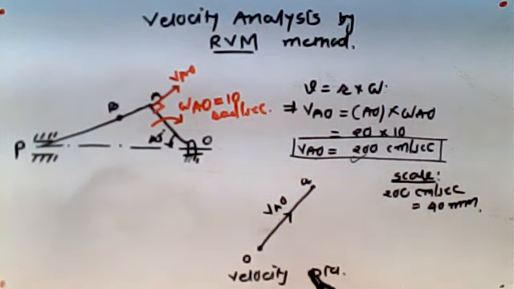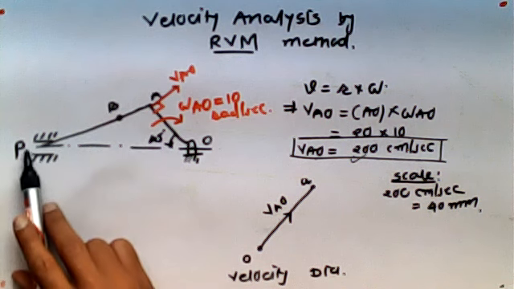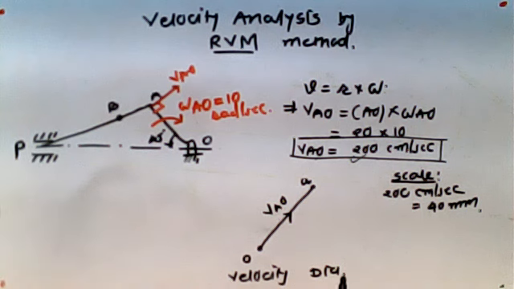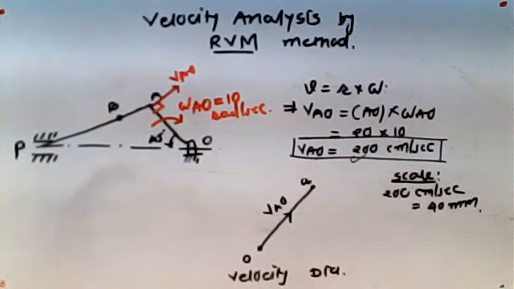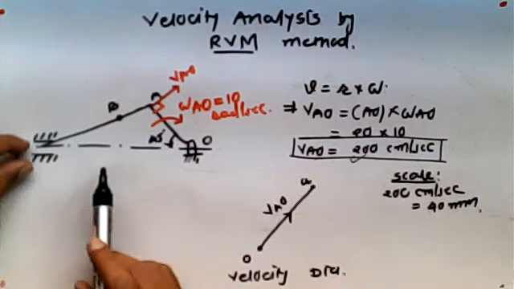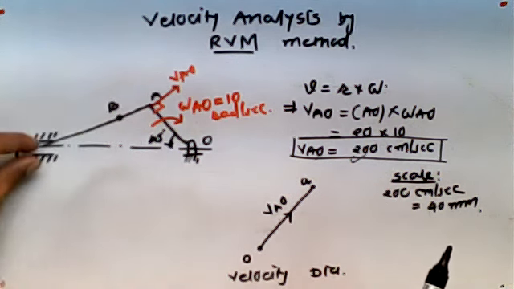Is that okay? Now, next, let's come to the velocity of this particular point P. We know that the piston, or the slider, has its line of stroke along this, so it is moving in this particular horizontal direction.